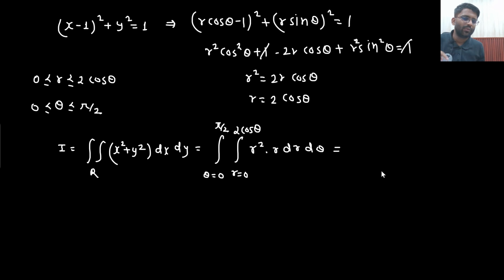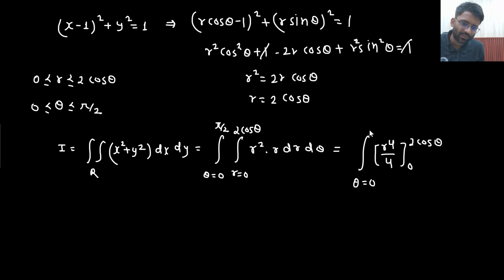So this will become r cube, this will become r to the power 4 by 4, with r going from 0 to 2 cos theta and theta going from 0 to pi by 2, d theta, right? So this will become 2 to the power 4, which will be 16.